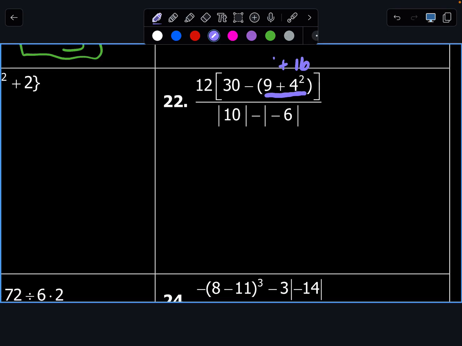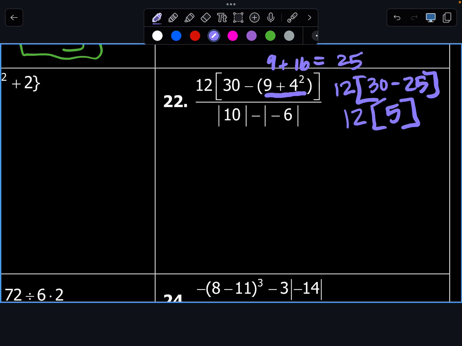16 plus 9. I'm going to go ahead and solve that. What's 16 plus 9? 25. So now I have 12 times brackets of 30 minus 25, bracket, right? What's 30 minus 25? 5. Times 12 is 60.